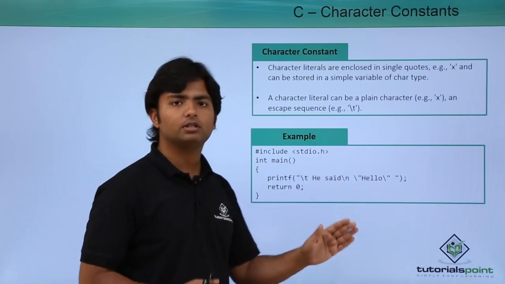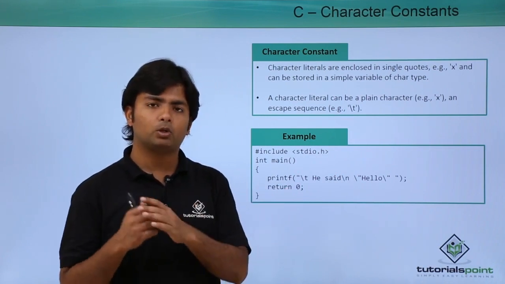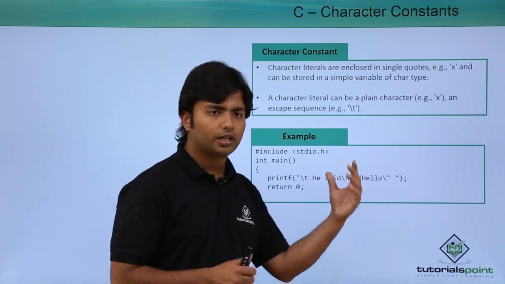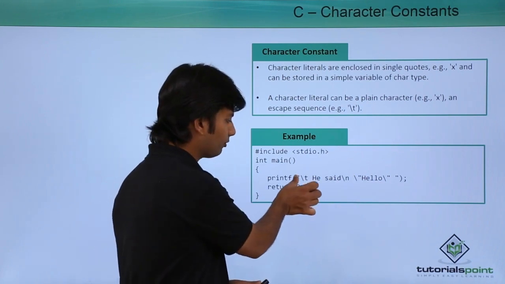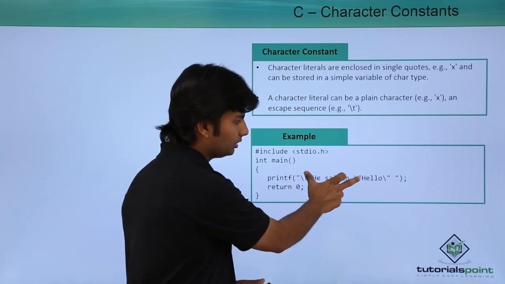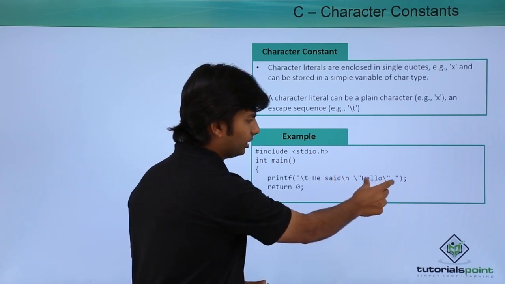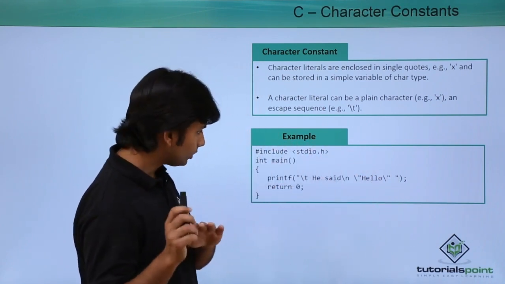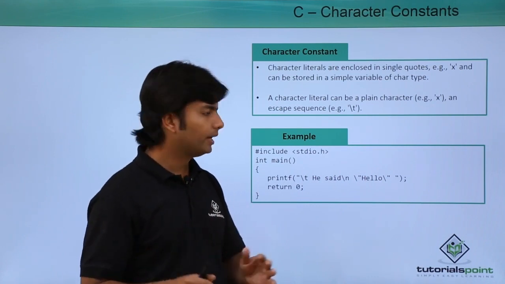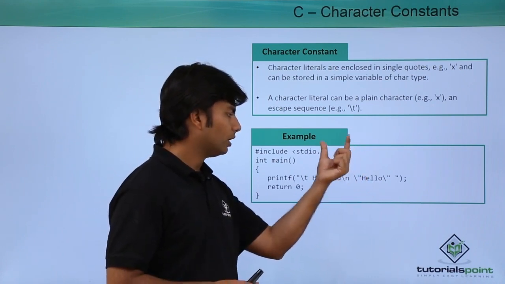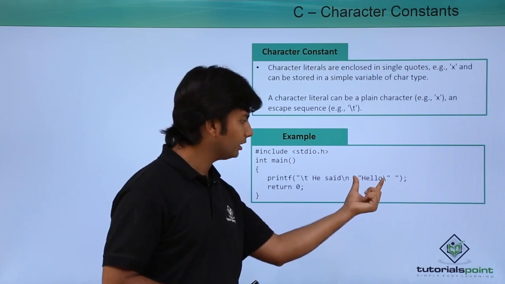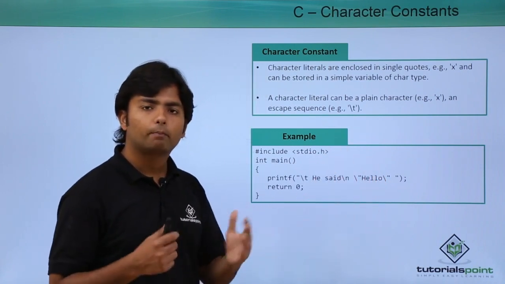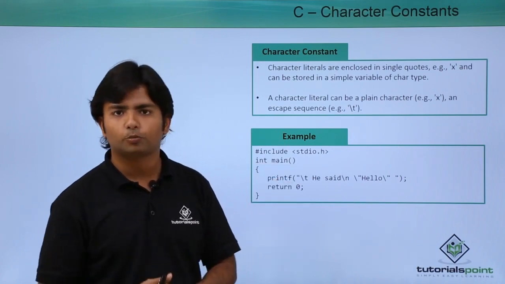So it will enable us to print the double quote symbol. If you do not put a slash symbol, it will be treated like here you have opened the string and here the string is terminated, and then it will start giving you a compile time error. So I need to tell the compiler that I don't want to close this string right here, rather I have placed the double quotes in order to print the double quotes in the output.